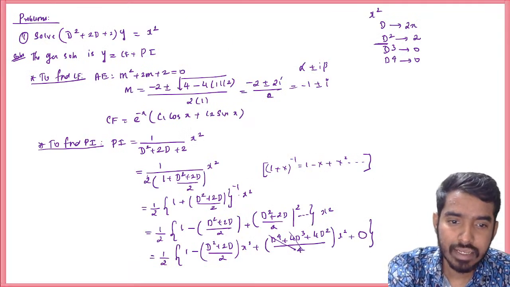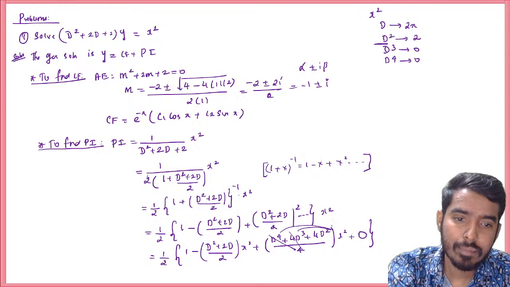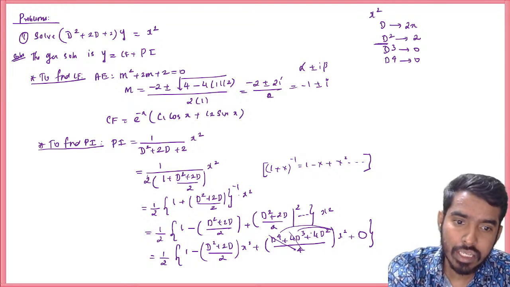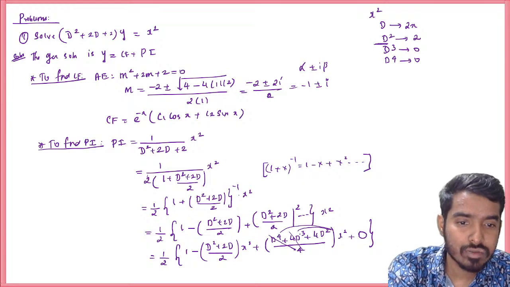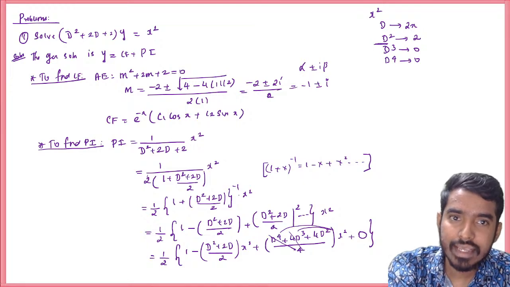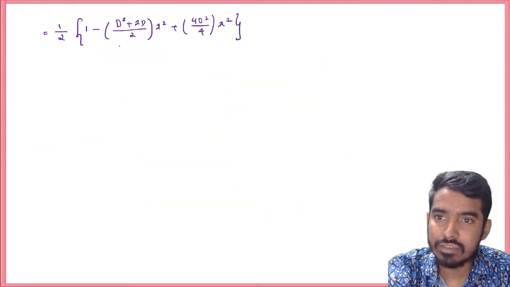I'm just dividing everything by 4. D power 4, d cube of x square is 0, right? D power 4 of x square means you have to differentiate x square 4 times. D cube of x square means you have to differentiate x square 3 times. And we know when we differentiate x square once we get 2x, twice 2, thrice it is 0. So you consider only 4d square by 4 of x square.